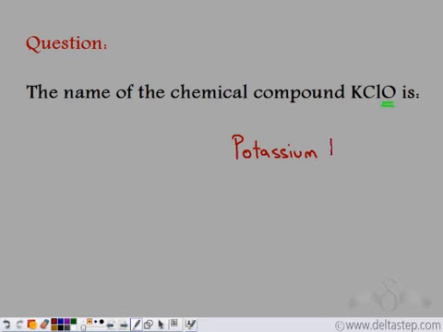So we get hypochlorite. So when the number of oxygen atoms is less than 2, we have the metal remains as it is, and we have the prefix hypo and the suffix "ite."